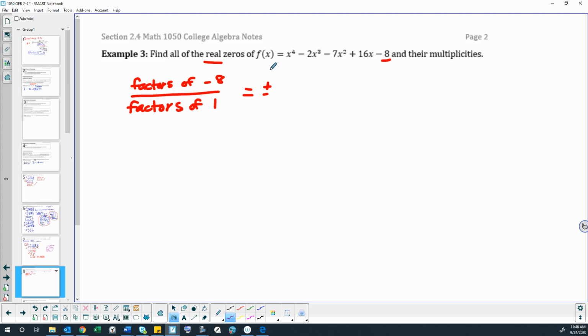We're using our new theorem called the rational roots theorem, which you can watch up on later. So we're taking the factors of our constant. Our constant is -8, and we're dividing it by the factors of our leading coefficient. So it's our factors of -8 divided by our factors of 1.